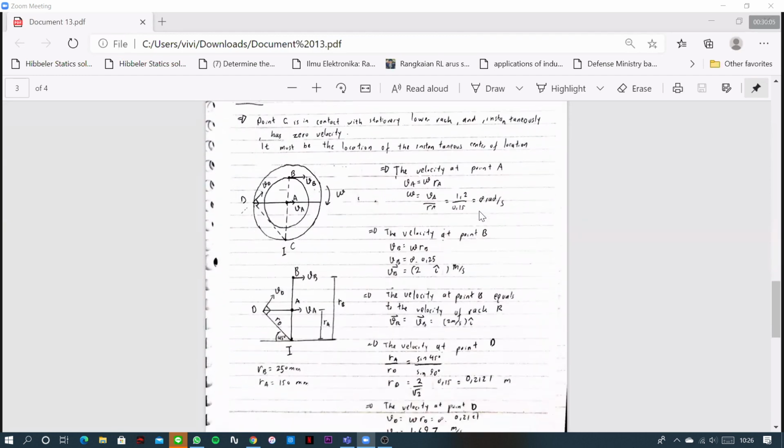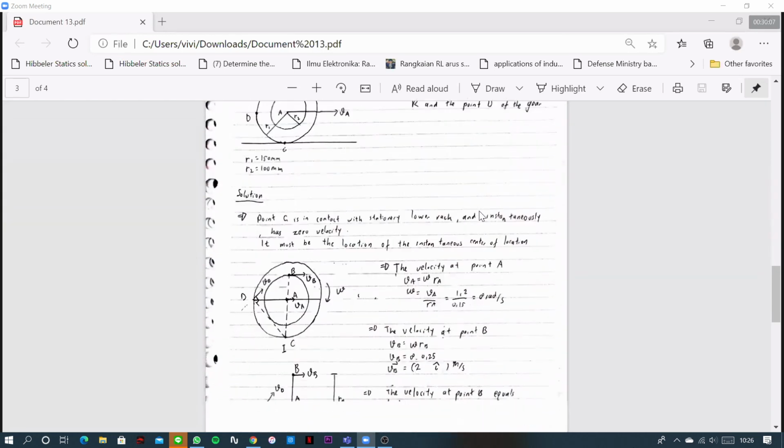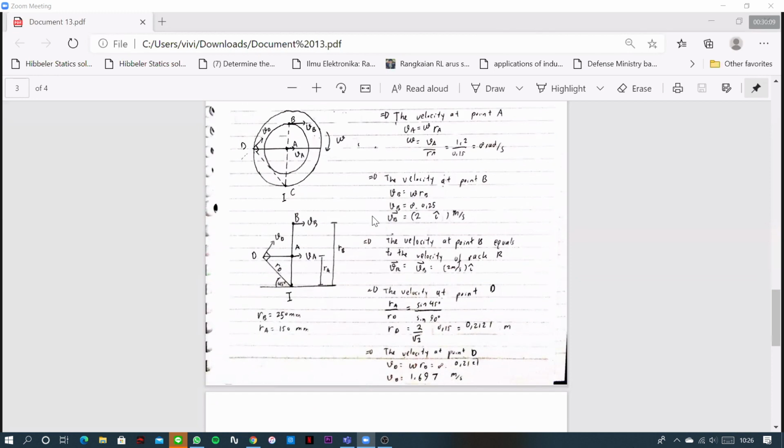That's the answer for question A. And then for question B, we need to know the velocity at point B first. So we get the equation velocity at point B equals omega times radius at point B. And then we just calculate it and we get 2 meter per second.